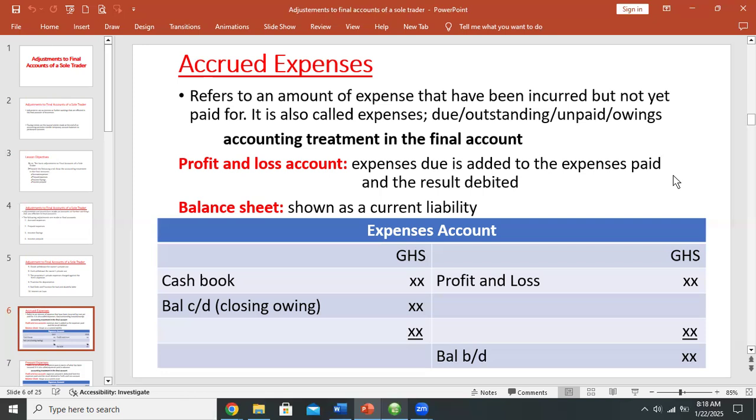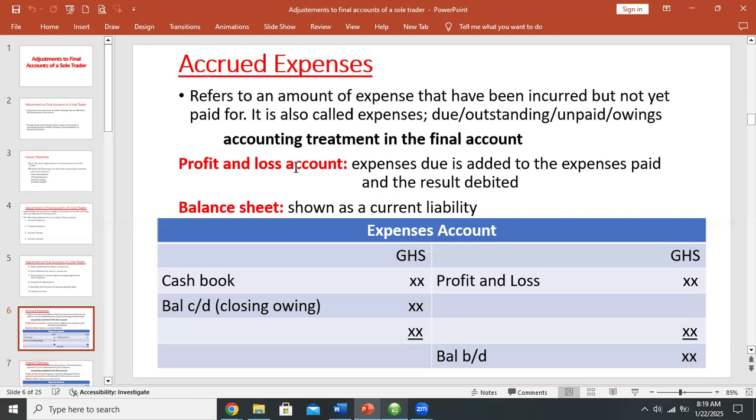Okay, now how do you treat it in the final account? So pay attention. The first treatment goes into the profit and loss account. So you remember in the profit and loss account, you bring your gross profit, you add other income, and you less expenses. So as you are lessening your expenses, if for example it is rent accrued, then we are saying you add it.